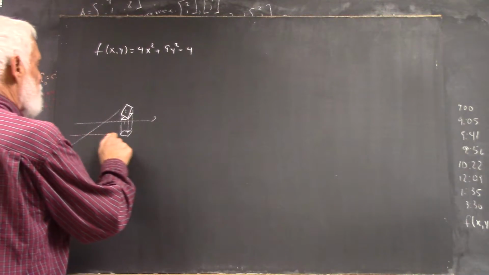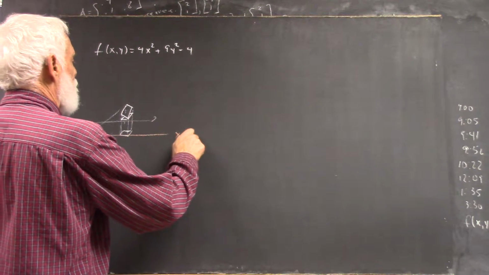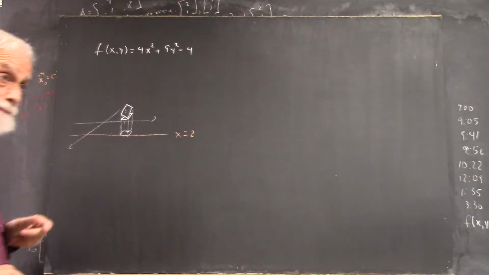let's just say this is the line x equals 2. Okay?